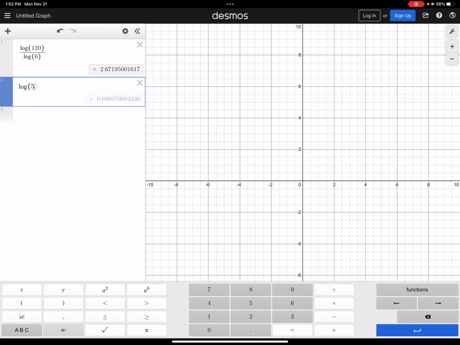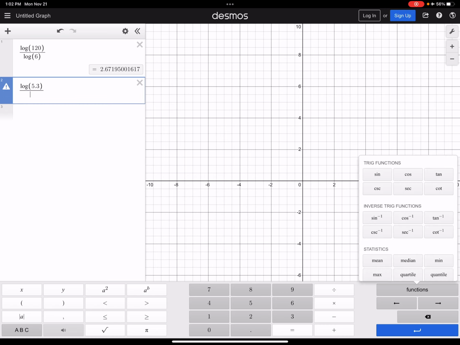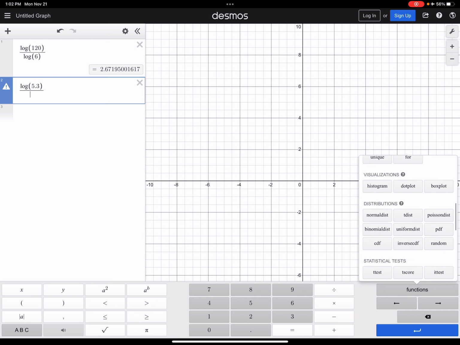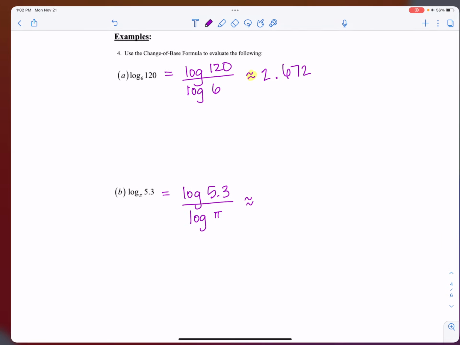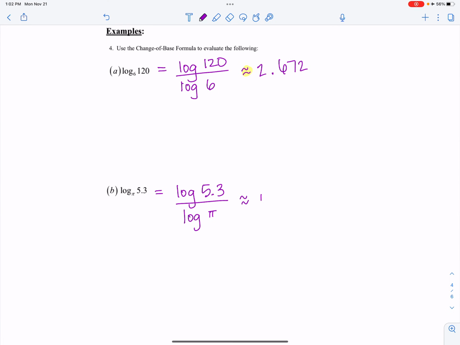Log 5.3 over log of pi, and that gives us about 1.457. So this is about 1.457.